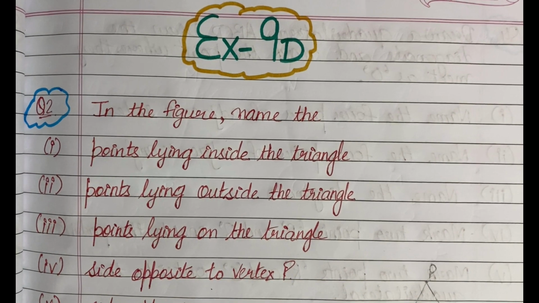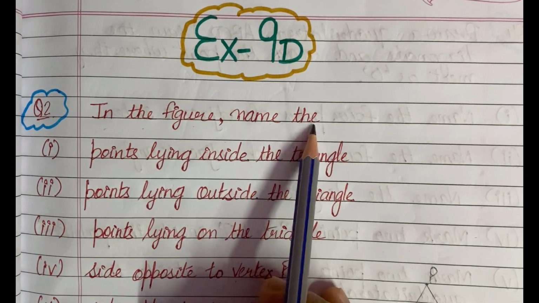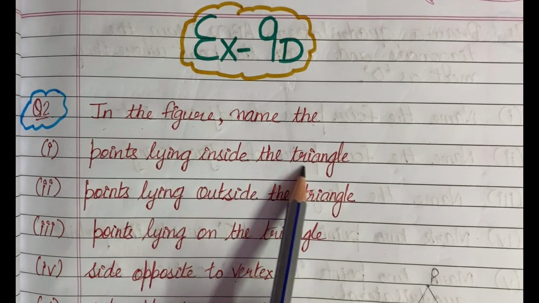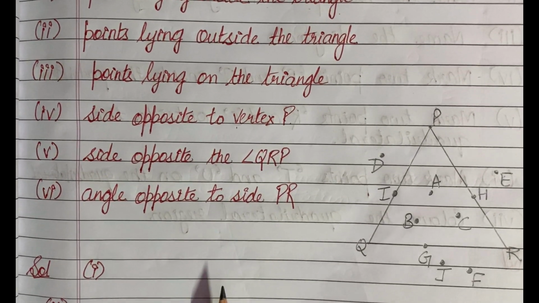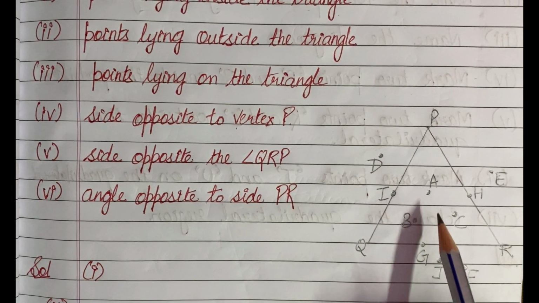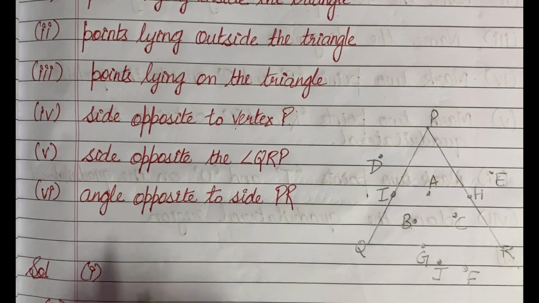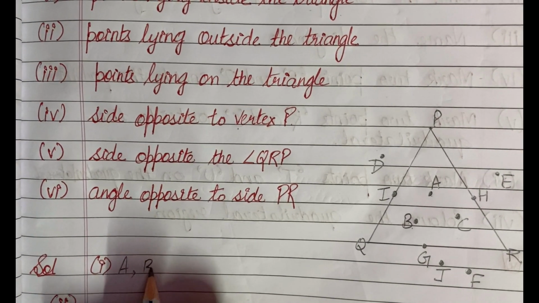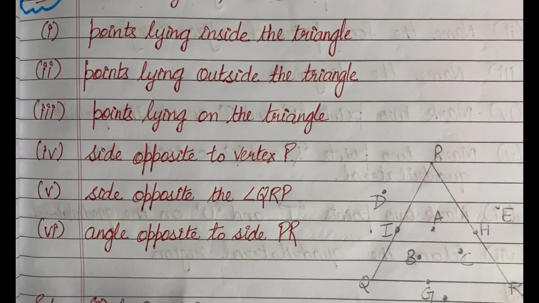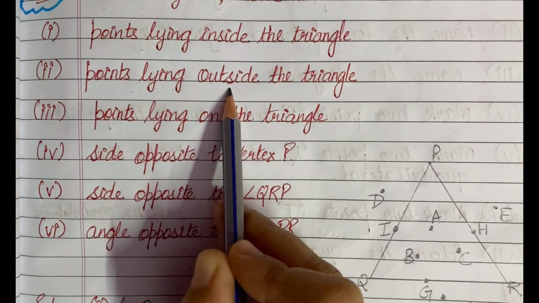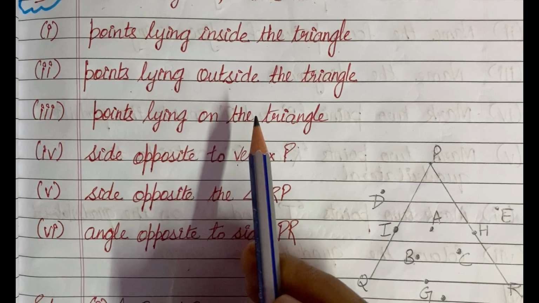Now question number 2 of exercise 9D says that in the figure, name the points lying inside the triangle. Inside means what? Inside means interior. So here the points lying inside the triangle are the points A, B and C. So the answer of first is A, B and C. Next, it says points lying outside the triangle, and outside means exterior.